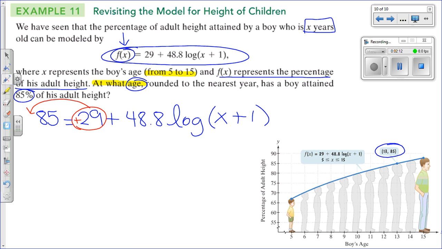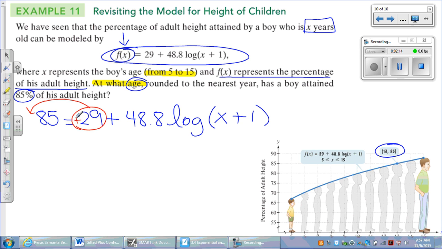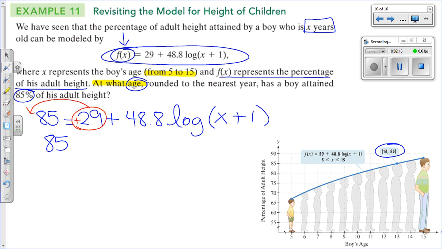You take that across, and that will make it do the inverse operation, so it will be subtracting. So 85 minus 29, 56.